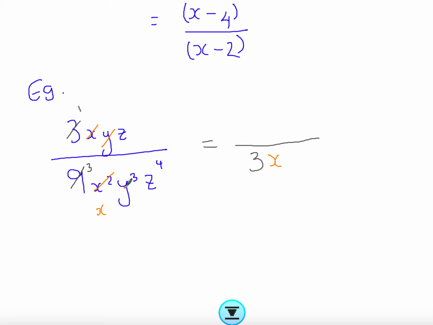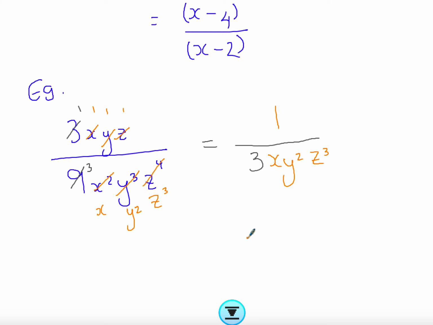This y cancels out with 1y here, so I'm left with y squared in the denominator. This z cancels out with 1z here, so I'm left with z cubed in the denominator. And it seems like nothing's left in the numerator, but remember everything here cancels out to a 1, so you're left with 1. So that's the answer.